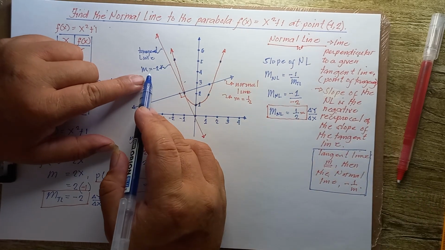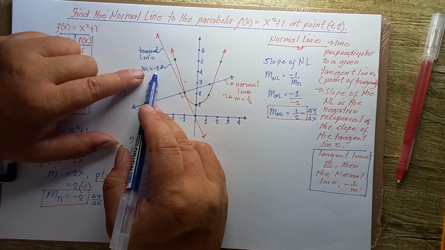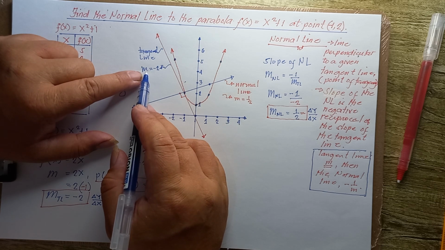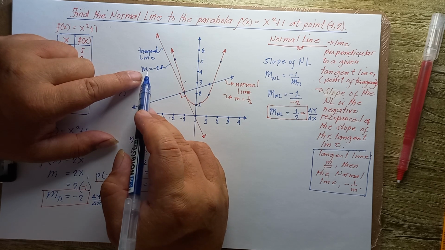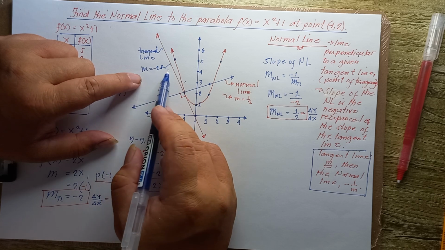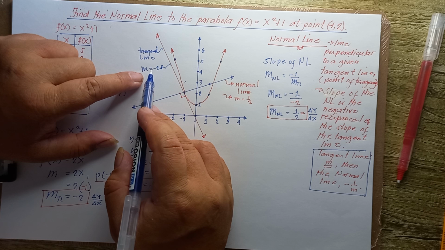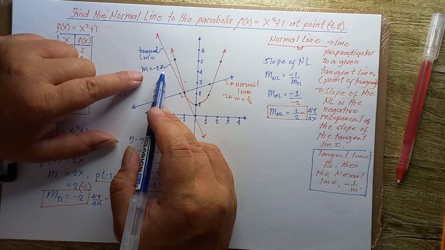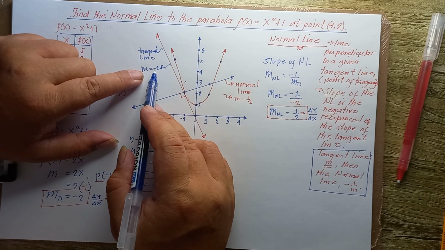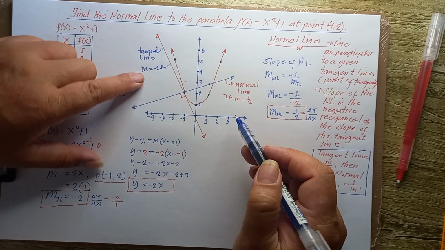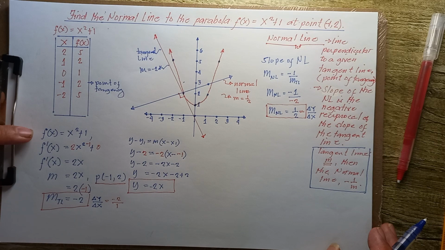If the slope of the tangent line is negative 2, then the slope of the normal line must be the negative reciprocal of negative 2, which is the same as 1/2.